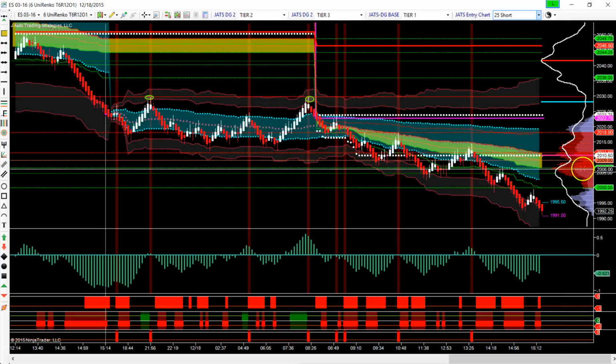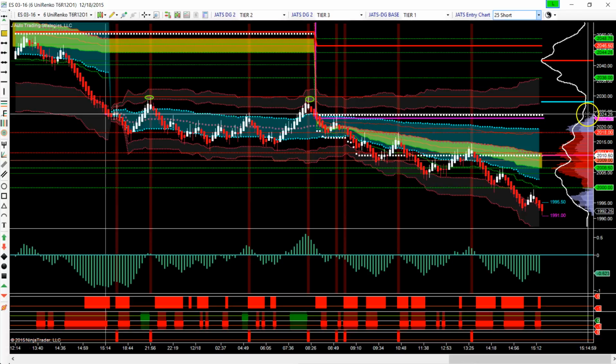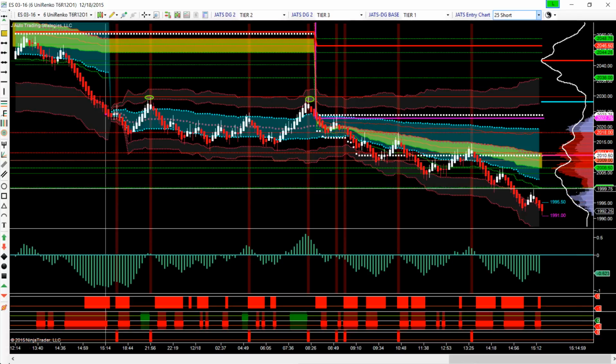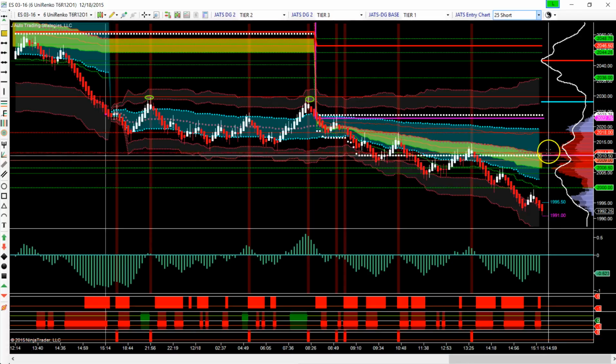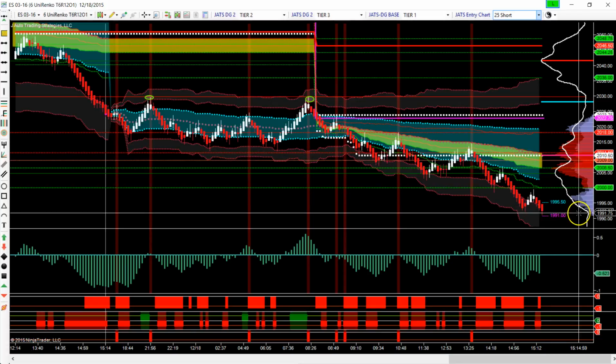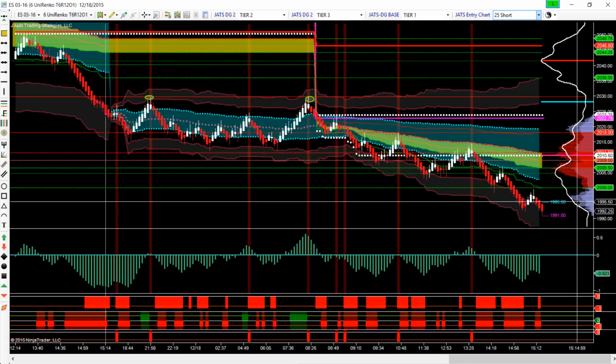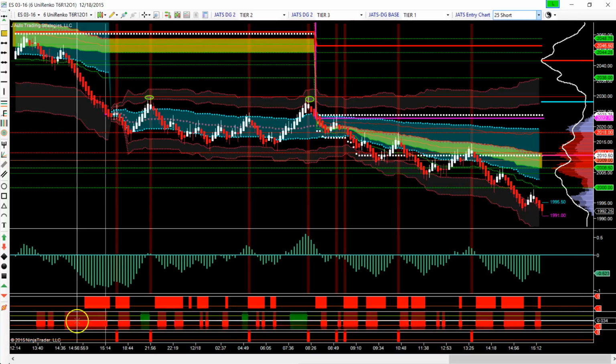And then here is my standard deviation for the VWAP. And I also have a line here and a line here to show me the 25%. Use your levels. It is exactly like Spider Solitaire.